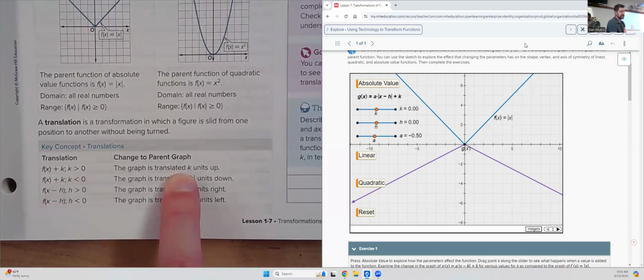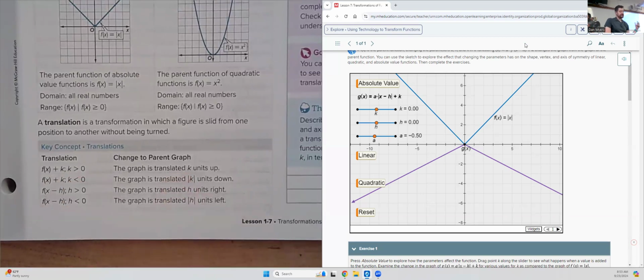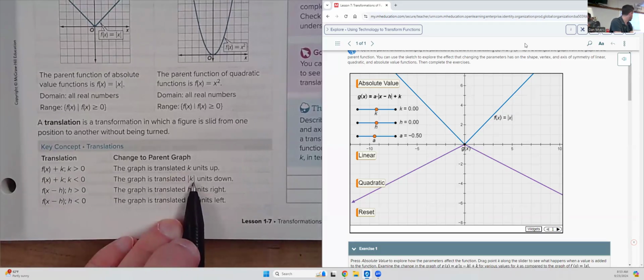It translates it a certain amount of units in an upward direction. If you add a value of k that is less than 0, then the graph gets translated down a certain amount of units, the absolute value of that amount.